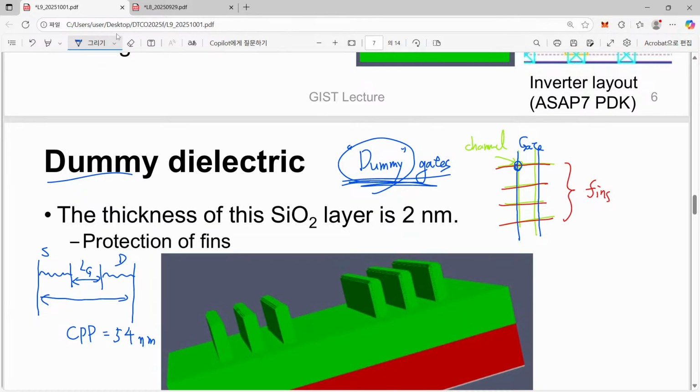Then let's say that the gate is equal to 20 nanometer. Then what does it mean? If we have 54 nanometer as a CPP and a gate length of 20 nanometer, we have only 34 nanometer for two source drain regions. Okay, let's make it even: 17 and 17 nanometer. So 17 nanometer is assigned to source and 17 nanometer to drain. Let's assume that way.